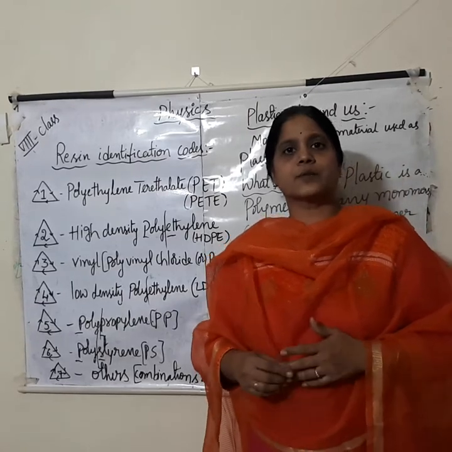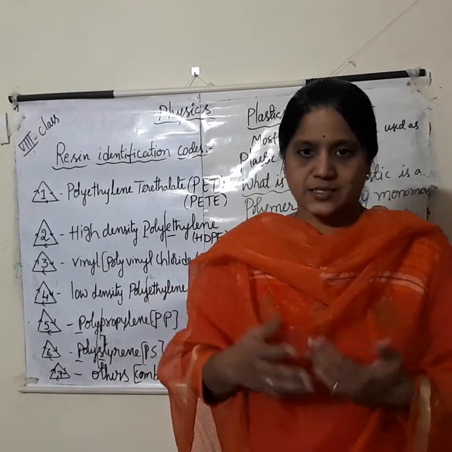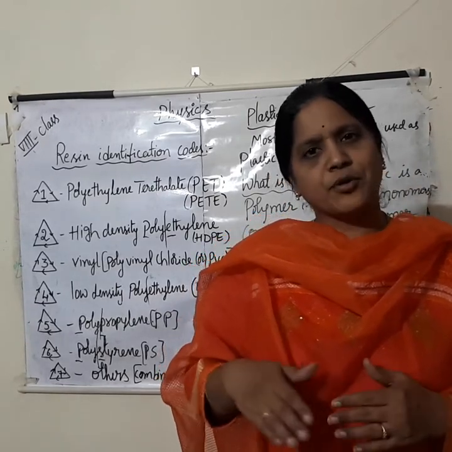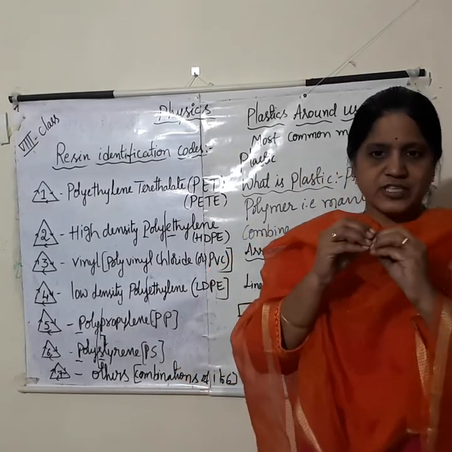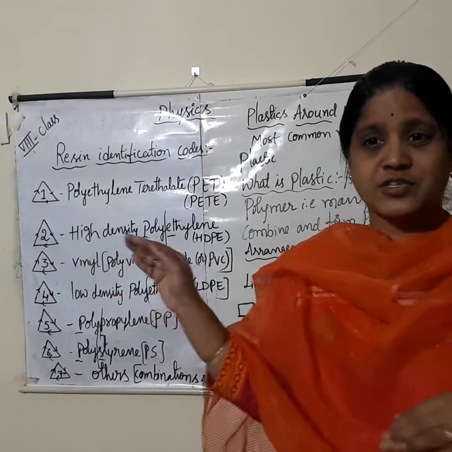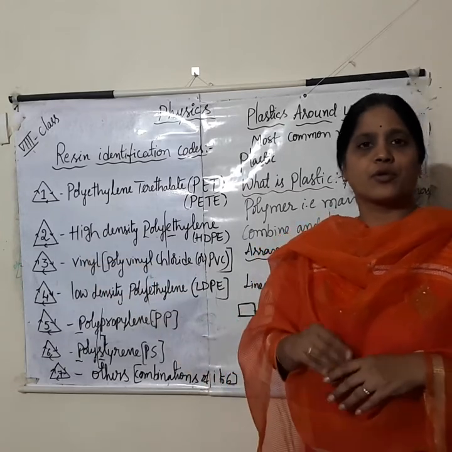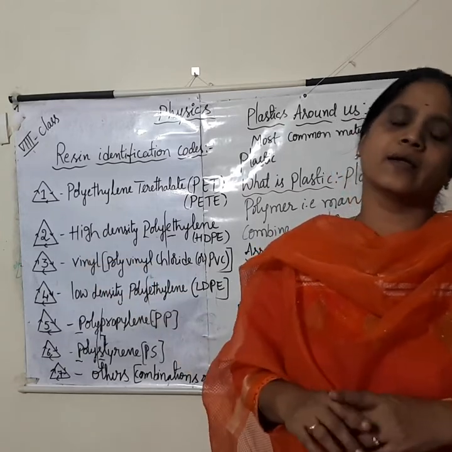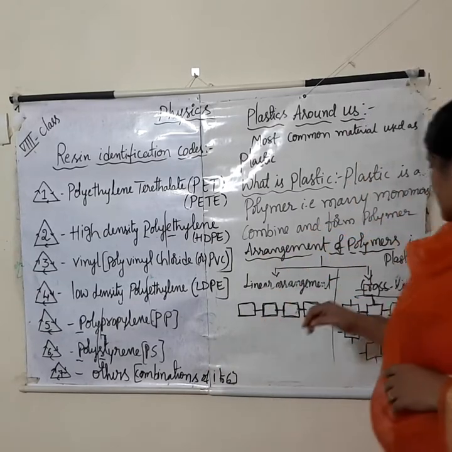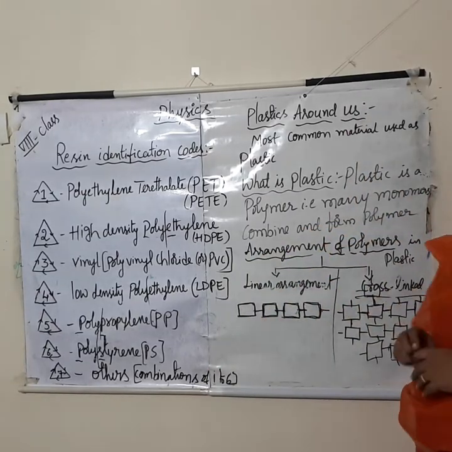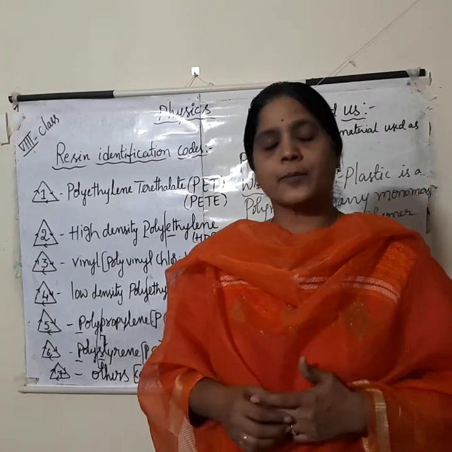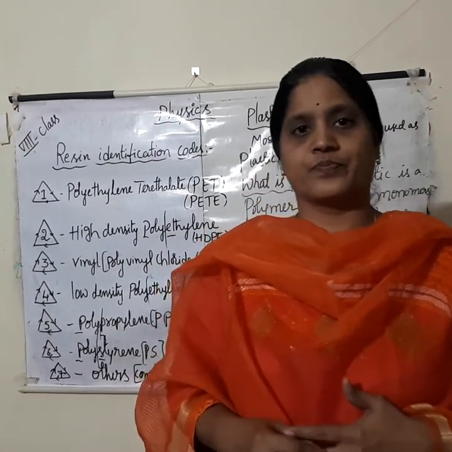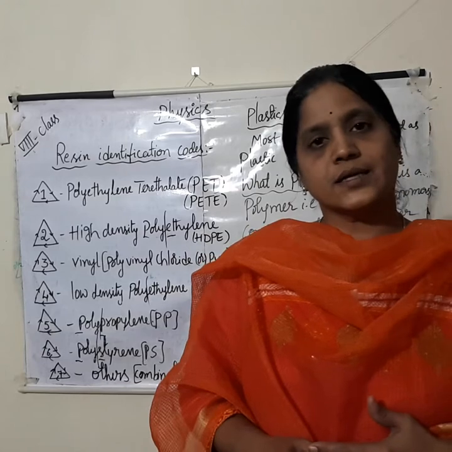What are thermosetting plastics? These are plastics which do not deform, and once molded cannot be softened by heating. In thermosetting plastics there are two types, bakelite and melamine.